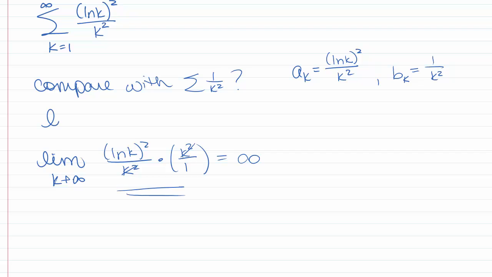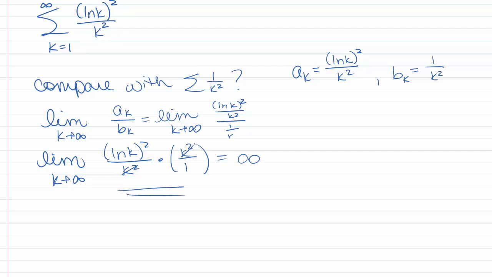We're going to look at the limit as k goes to infinity of a sub k over b sub k. Maybe I should write it this way: the limit as k goes to infinity of the natural log of k squared over 1 over k squared.